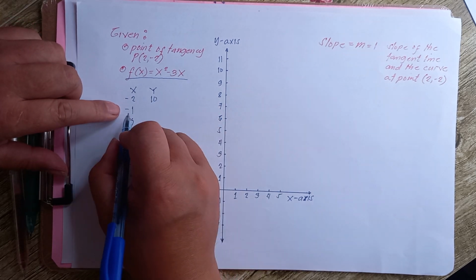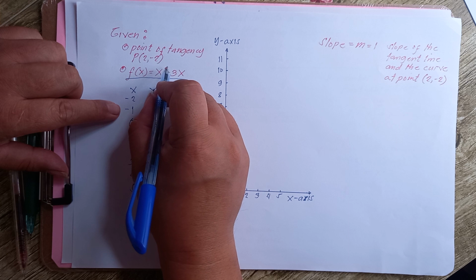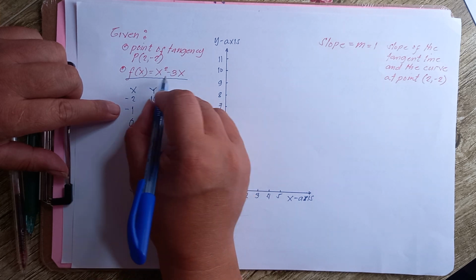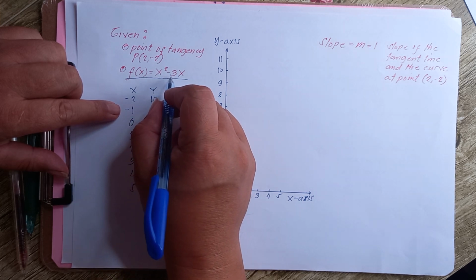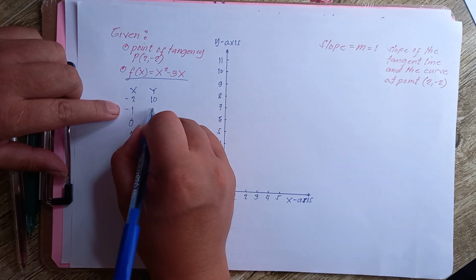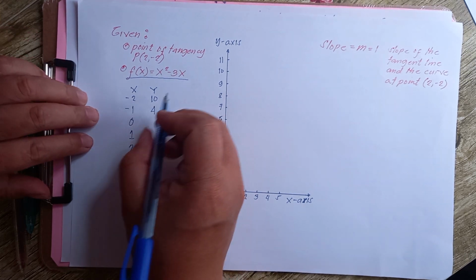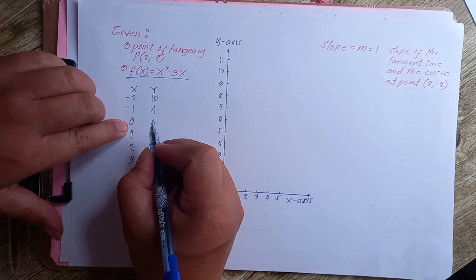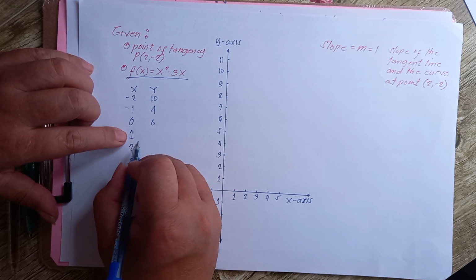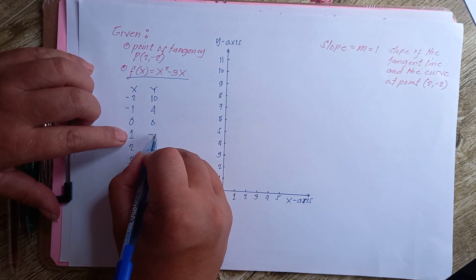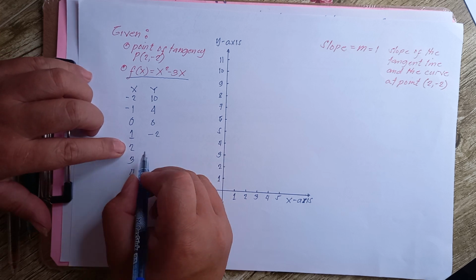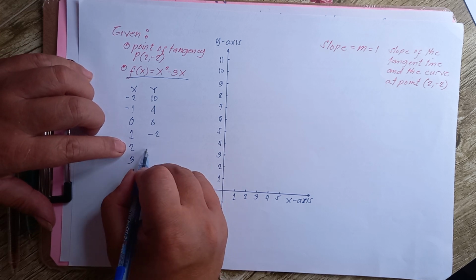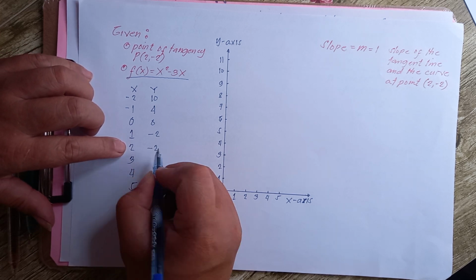If that is -1 raised to 2, that is +1, and -1 multiplied by -3 is +3, add them, that is 4, and so on and so forth. If I have 0, that is 0. If I have 1, that is -2. If I have 2, still -2.